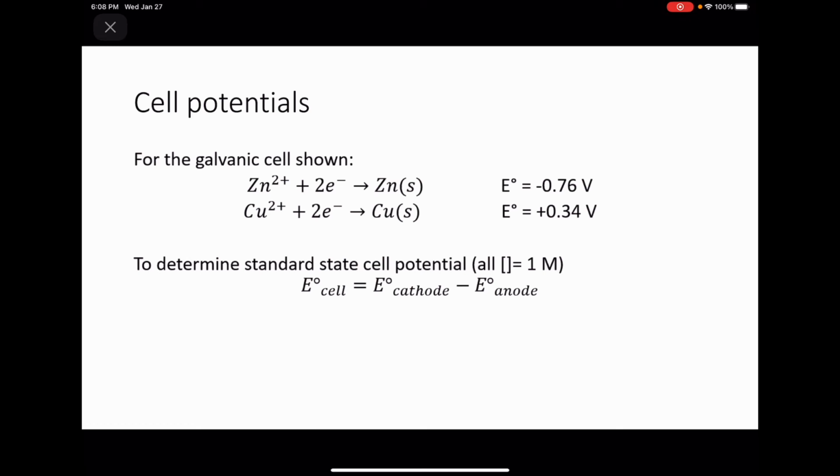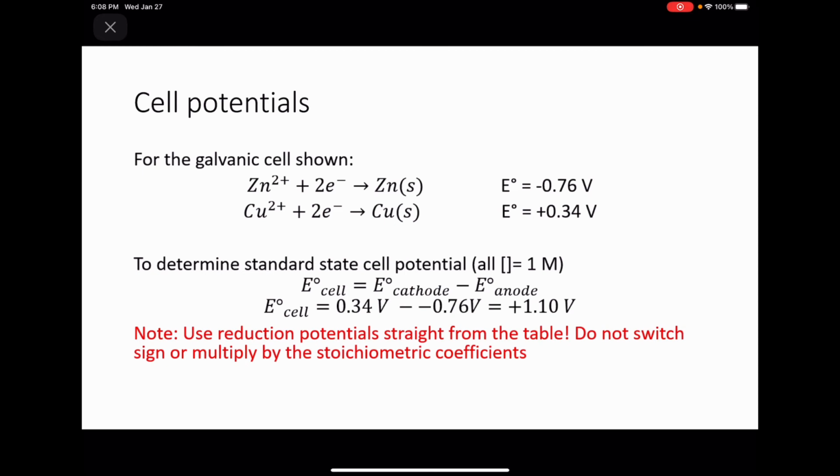So we have our reduction potentials. Which one was the cathode? The cathode was our copper, and the anode was our zinc. If we were to slide back to the slide, we would see that's the case. And so we put those numbers straight off the table into this, and you get a cell potential of 1.1 volts, plus 1.1 volts.